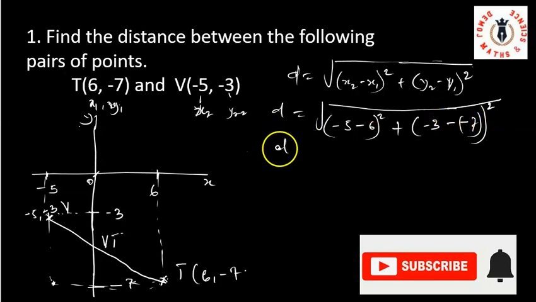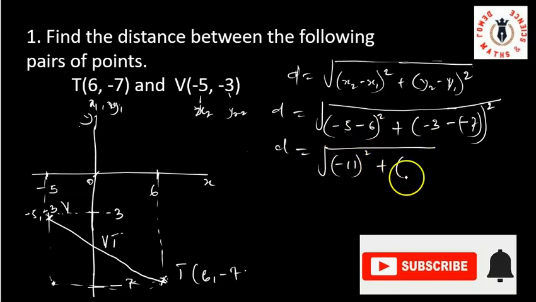So my D, which is the distance, will be equal to the square root of minus 5 minus 6, that's minus 11 all squared, plus minus 3 minus 7. Minus 7 becomes plus 7. Minus 3 plus 7 becomes 4 all squared.